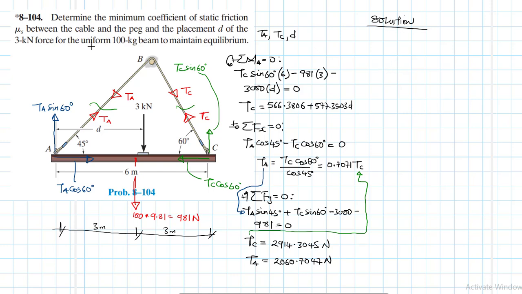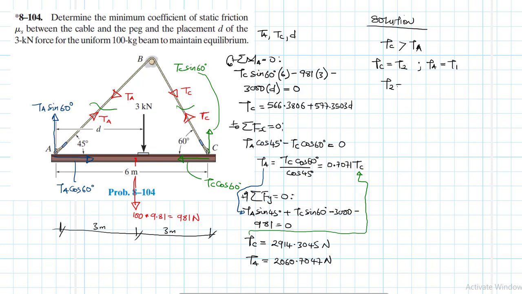So now we want to find the minimum coefficient of static friction between the cable and the peg. So we have TA, we have TC, and since our TC is greater than TA, we expect TC to be equal to T2 and TA to be equal to T1 for us to have the minimum coefficient of friction.